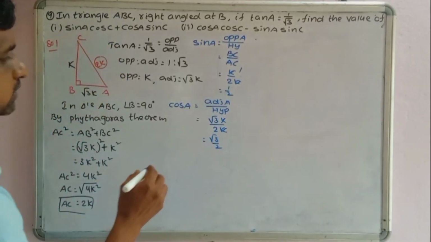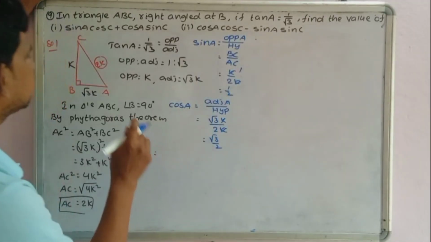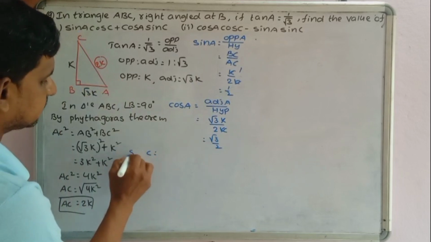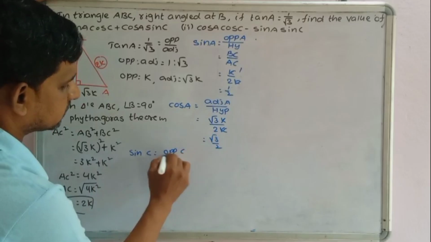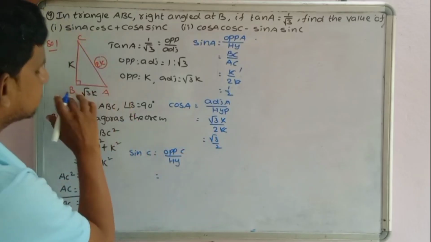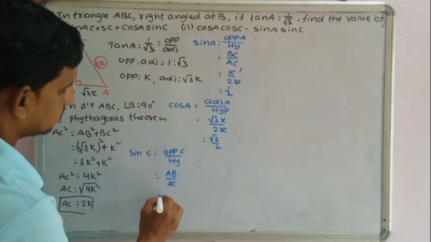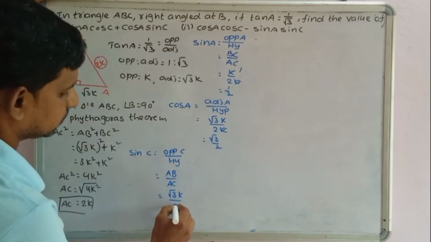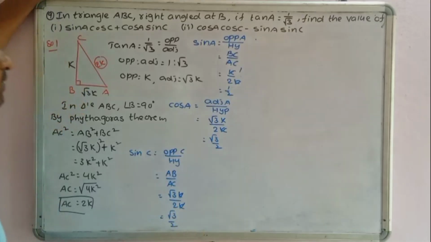Next, sin C. Sin C means side opposite to C by hypotenuse. Opposite to C is AB, hypotenuse is AC. AB value is root 3 times k, AC value is 2k. So k gets cancelled. Root 3 by 2.